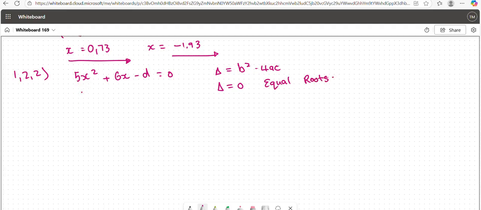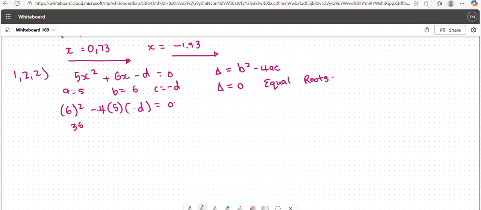Alright, so you just need to find what your a is. Your a is 5, your b is 6, your c is that negative d, and that's the guy you're going to substitute in there for your discriminant. So you're going to say open bracket 6 squared minus 4 times 5 times negative d, and all of this is equal to 0, and you're solving for that.